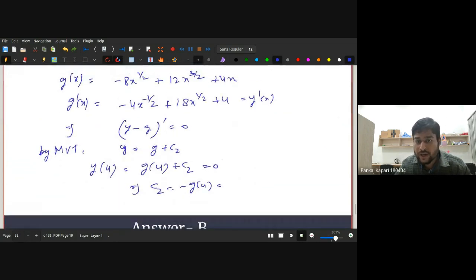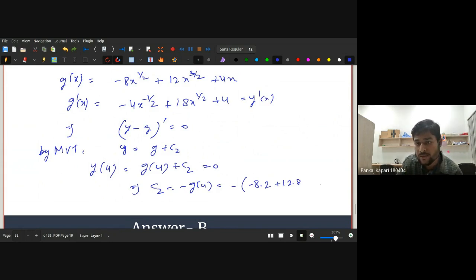We can find g of 4 because we know the definition of function g. So what is g of 4? It's minus 8 times square root of x, which is minus 8 times 2, and plus 12 times the cube of the square root of x. The square root of 4 is 2, and the cube of that is 8.